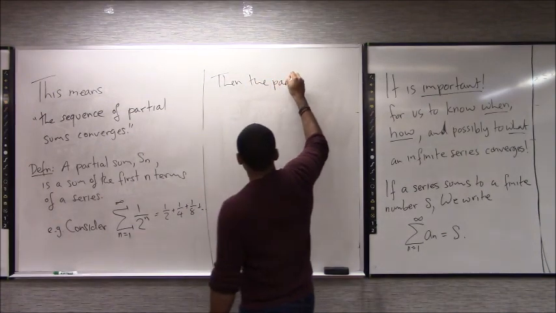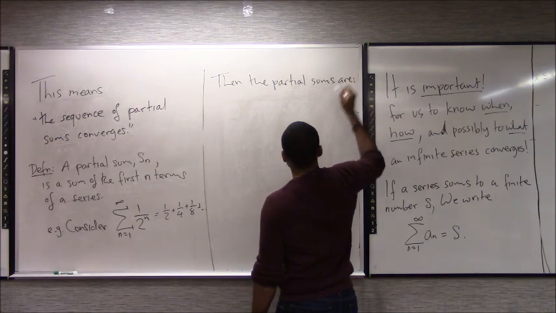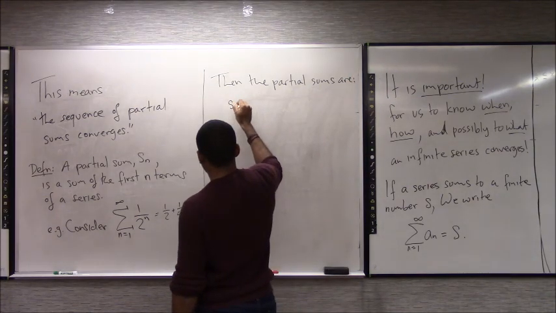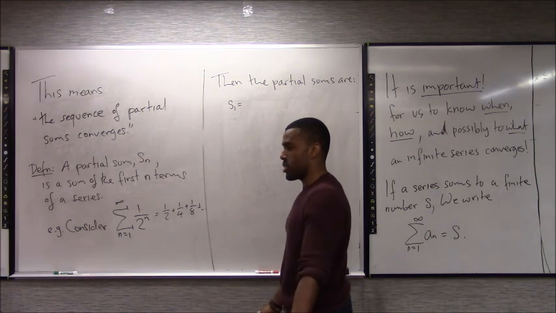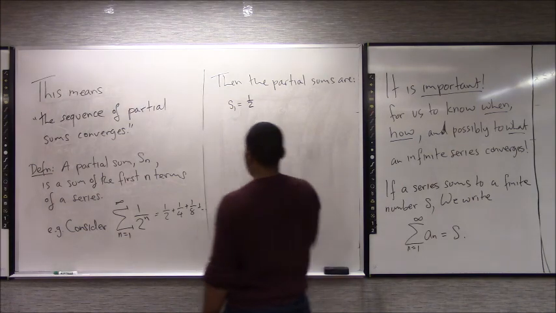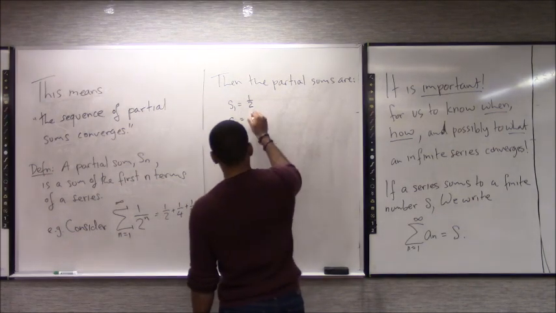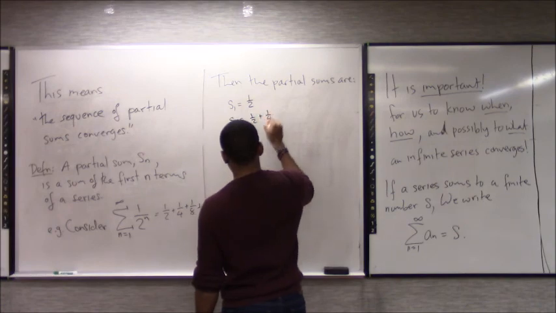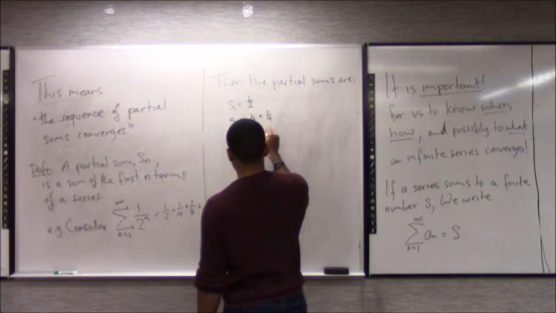Then the partial sums are, I can talk about S1. This is called the first partial sum. This is just the sum of the first term, 1/2. Then I can talk about S2, the second partial sum. This is going to be 1/2 plus 1/4. I can talk about S3, the third partial sum.